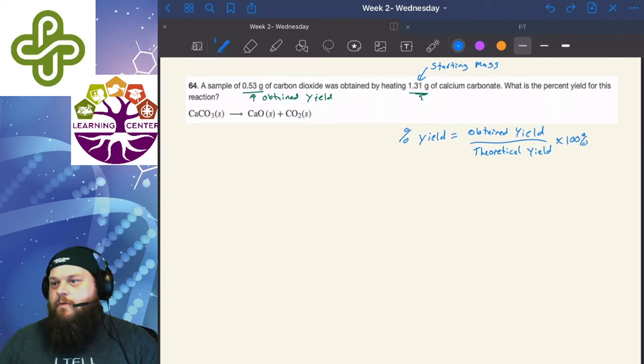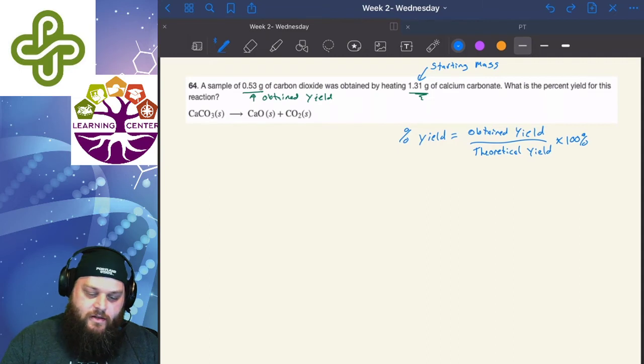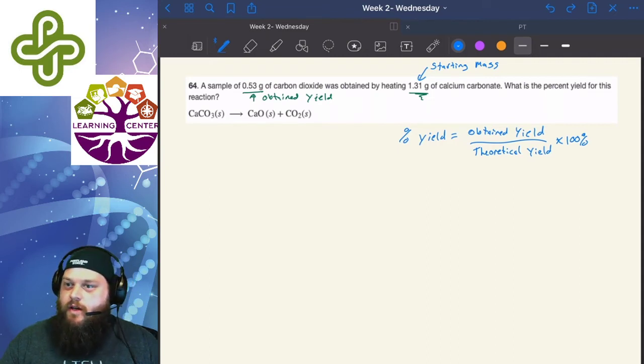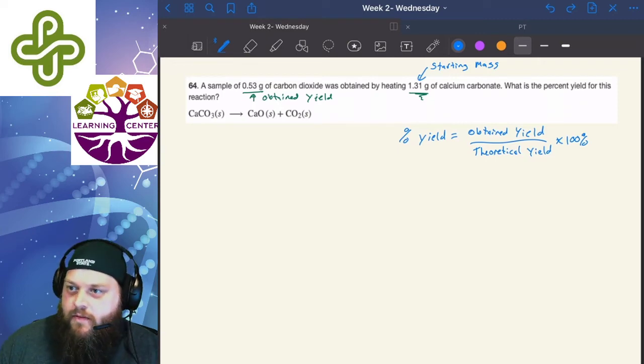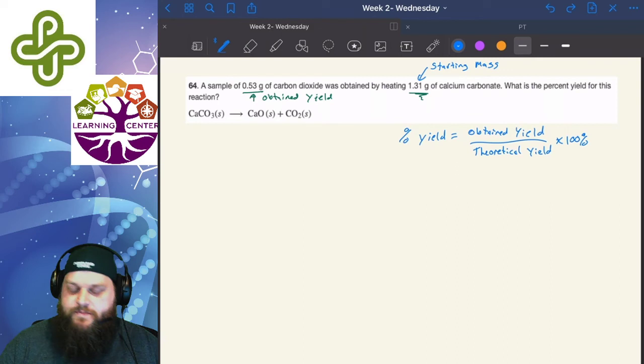If you did everything right, you didn't lose any to any possible loss mechanism. Basically, what the balanced chemical equation and the stoichiometry tells you should get out of it, you get every possible bit of it out. Everything reacts. That's your theoretical yield. That's what we're going to calculate, and we're going to compare that through this equation to our obtained yield. If we multiply it by 100, we get it to a percentage, is all.